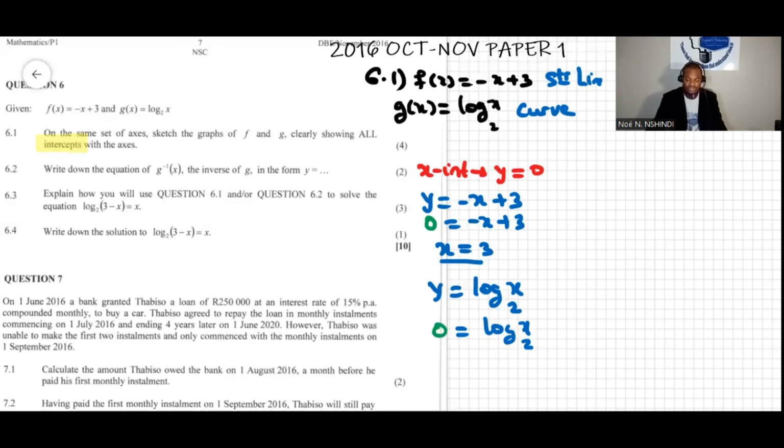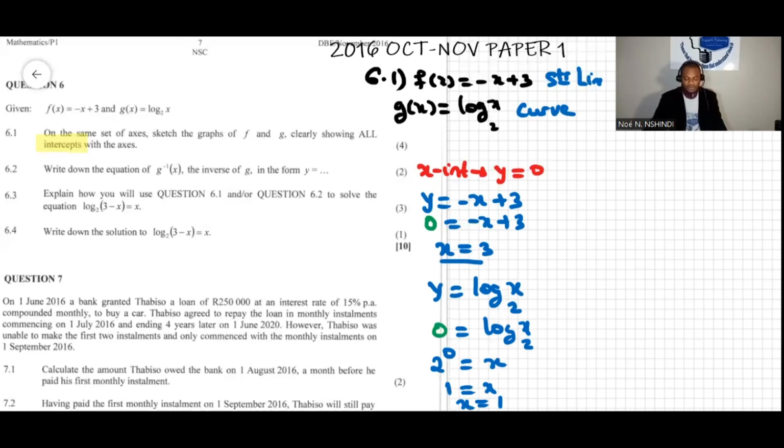According to the log definition, this means 2 to the power of 0 equals x, because a log is the inverse of an exponential function. That is just 1, so x is equal to 1. This is the x-intercept of the log function g of x.